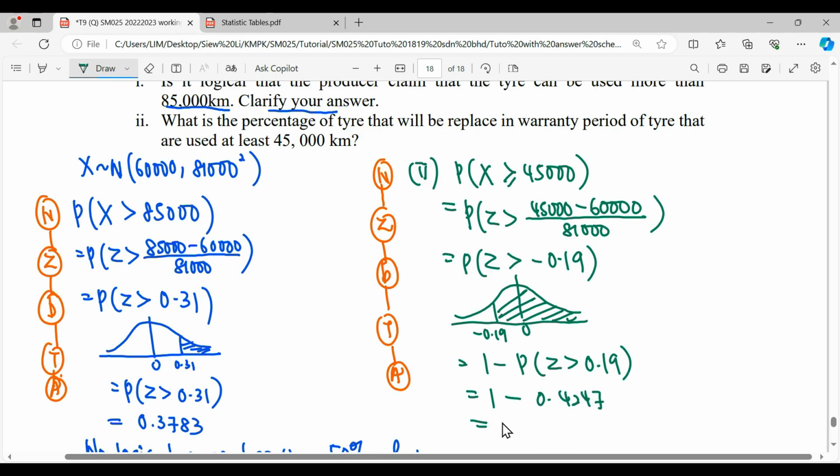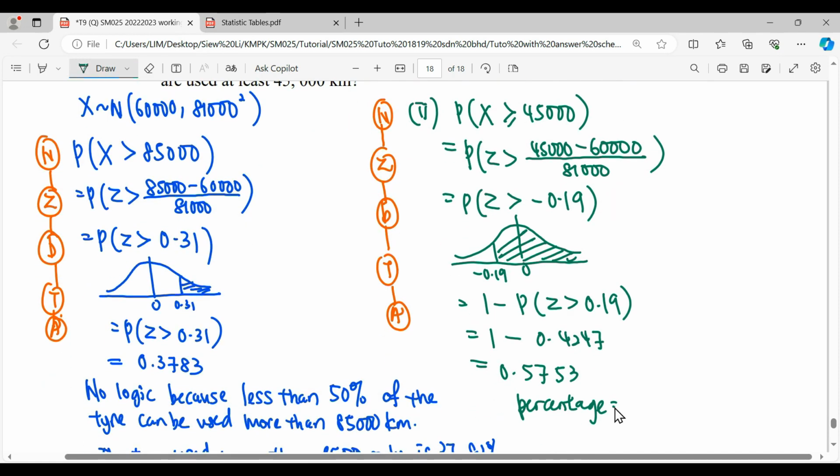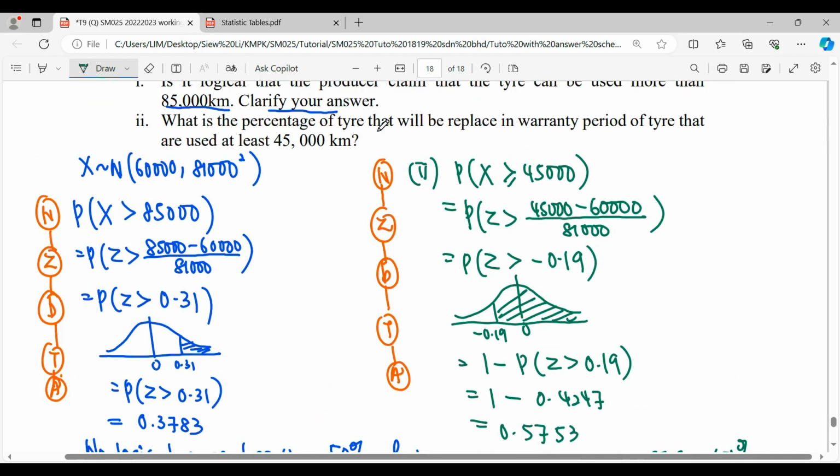So we get the probability of 0.5753. Therefore, the percentage is 0.5753 times 100%, so we know that 57.53% will be replaced in the warranty period.